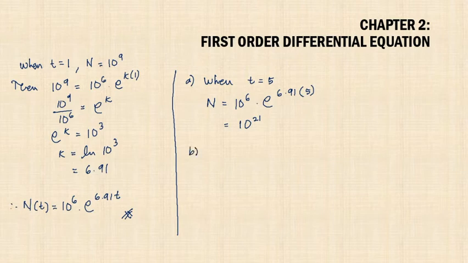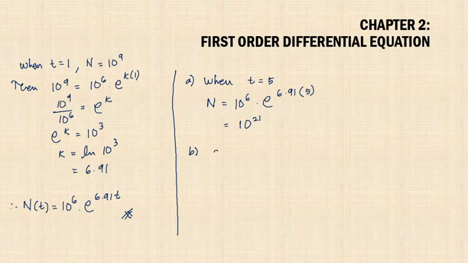For question (b), find the time taken for the number of bacteria to be 3 times the original. As we know, the original is when t equals 0, which is n equals 10 power of 6.